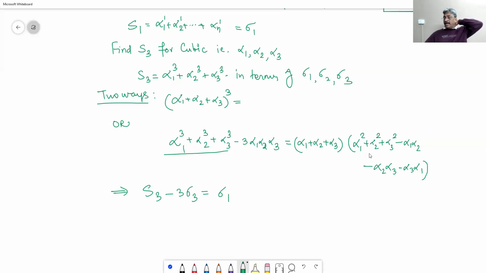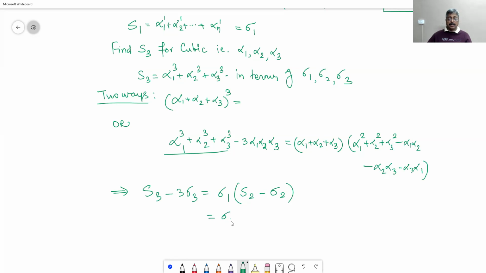Now the only thing required is this term, out of which we know this is S2 minus this is sigma 2. So everything is in terms of either S2, S3 or sigma 1, sigma 2, sigma 3.